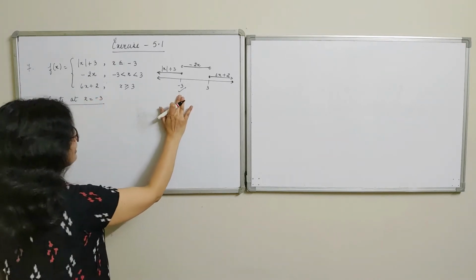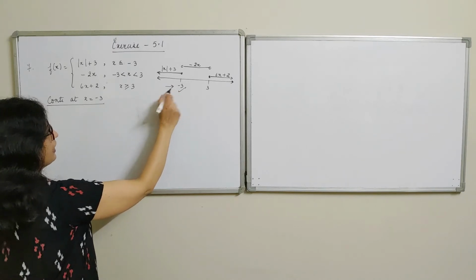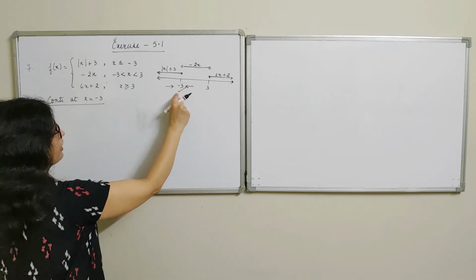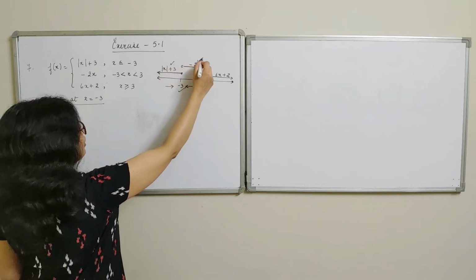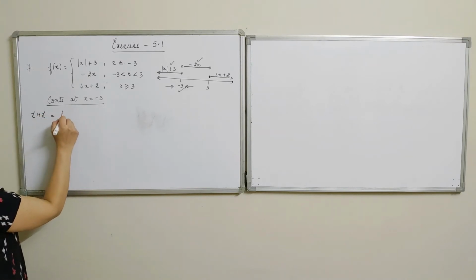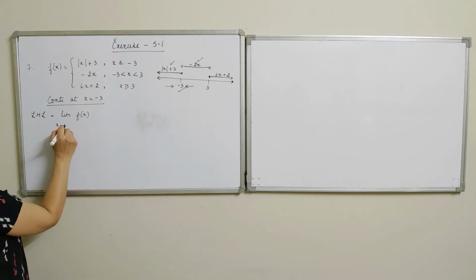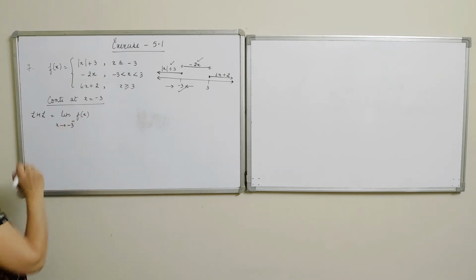This figure very clearly tells us that approaching minus 3 from the left side and minus 3 from the right side gives us 2 different functions. Hence we are going to find out the LHL and the RHL. So starting with LHL, limit of f(x) when x tends to minus 3 minus.